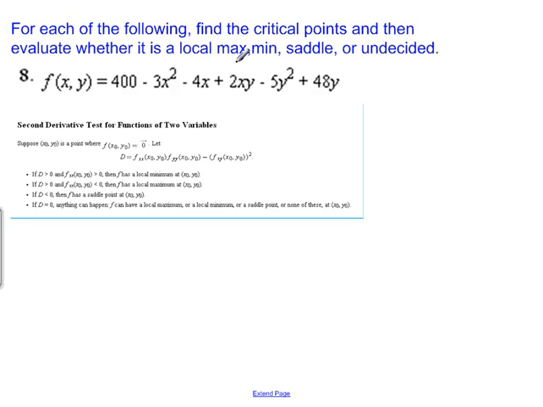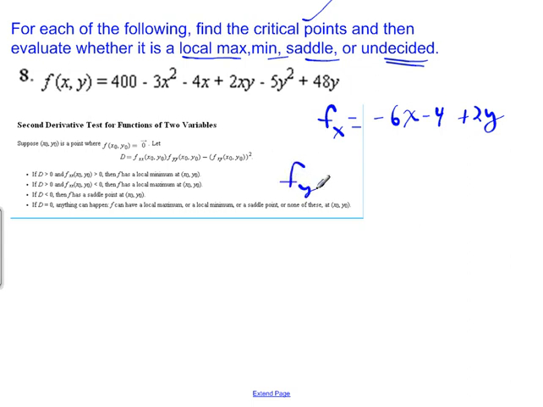All right, let's do our very last example here. We're going to determine the critical points and then whether or not they are maxes, mins, saddles, or we can't tell. So same as before, find the partial derivatives. So we do that. Here, and partial with respect to y is 2x minus 10y plus 48.